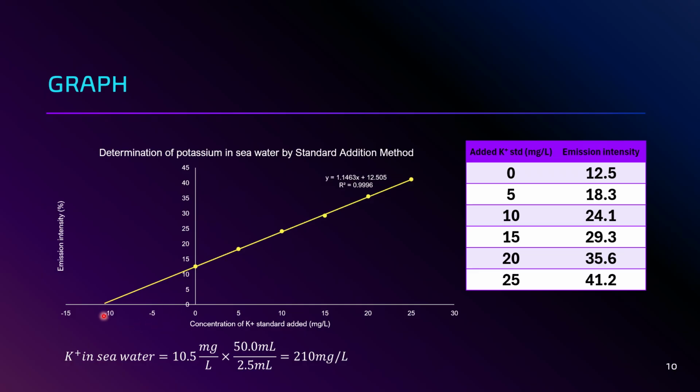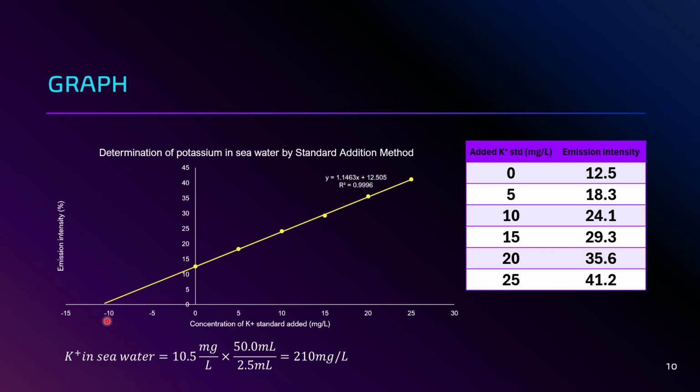So this much potassium was there in the first flask in which we have not added anything, and because we have diluted 2.5 ml seawater into 50 ml content, therefore we need to rectify it by multiplying with the volume correction, the dilution factor, the volume factor simply.